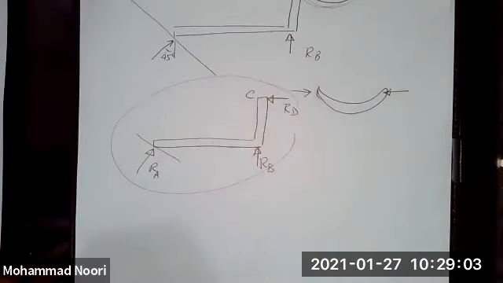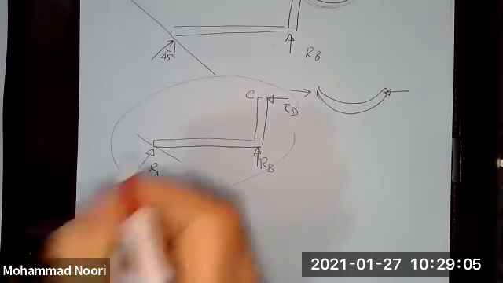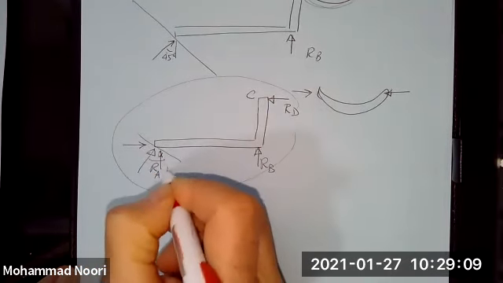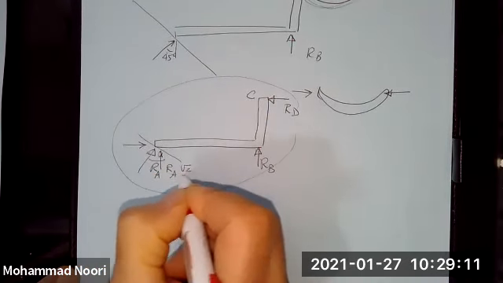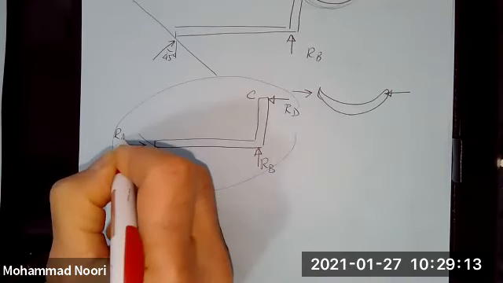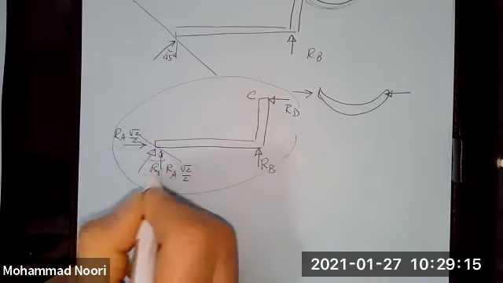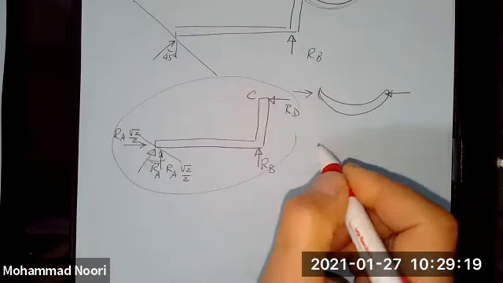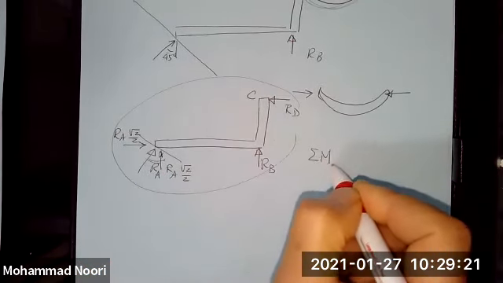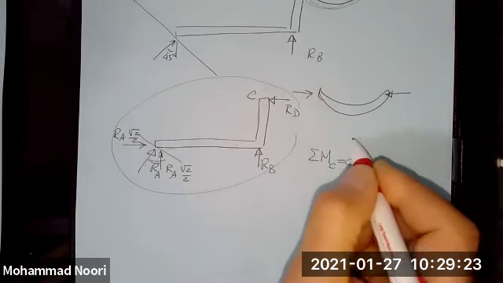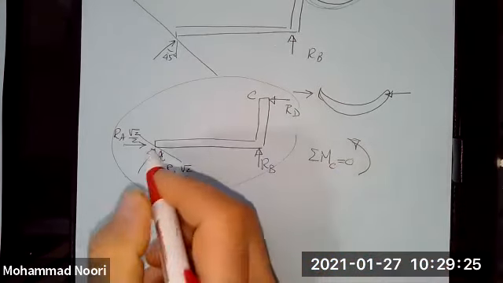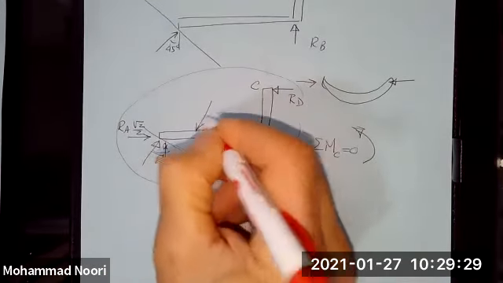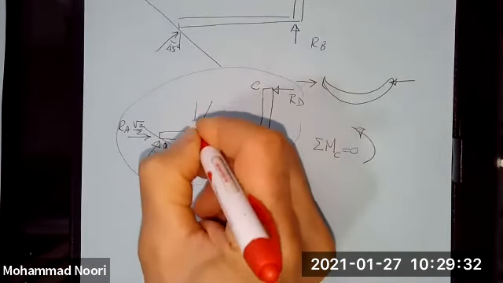This was point C. If I do that, I resolve these two forces. This would be RA square root 2 over 2. This is RA square root 2 over 2 because this is 45 degrees. And therefore, I can simply write summation of moments about C is equal to 0. And of course, I have this applied load, which I resolved into its components.